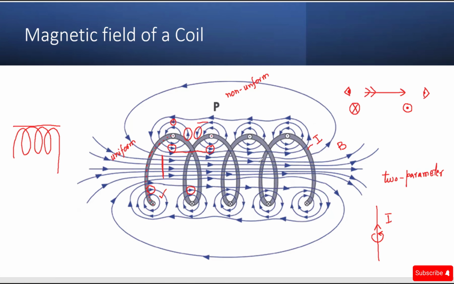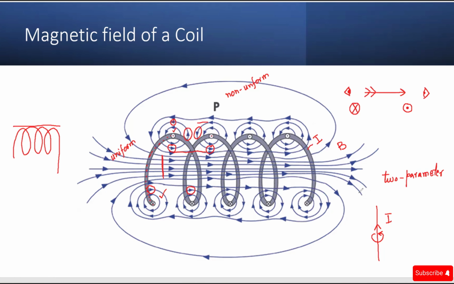You can use your right hand, put the fingers toward this screen and curl them, because current here is going into the screen and coming out from the screen at this point. So you curl the fingers of your right hand, they go toward the screen and come out. The thumb, you will find, is towards the right. So this is the way of identifying the magnetic field direction in a coil.